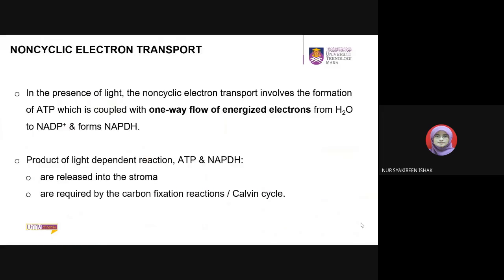So for non-cyclic electron transport, in the presence of light, the non-cyclic electron transport involves the formation of ATP, which is coupled by one-way flow of energized electron from water, until it is received by NADPH molecule. Ni salah, NADPH, bukan NAPDH.